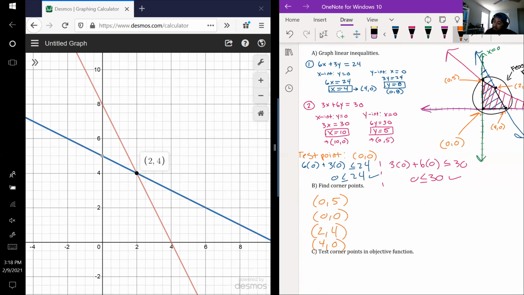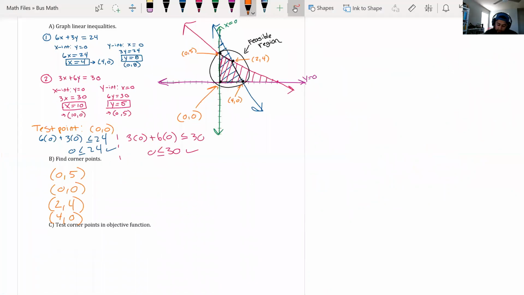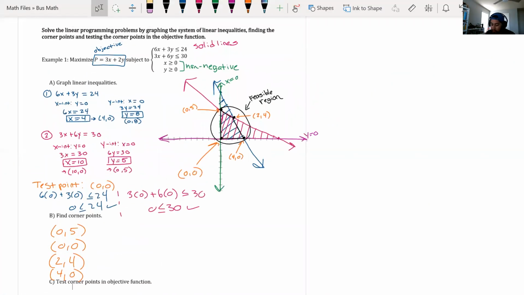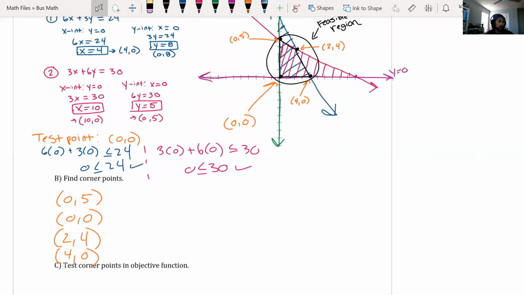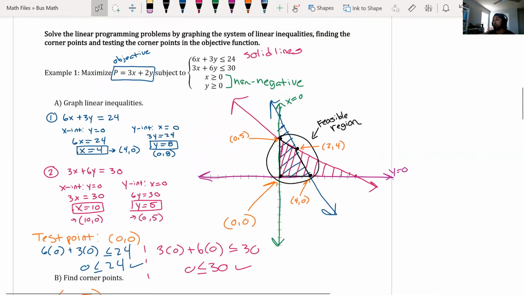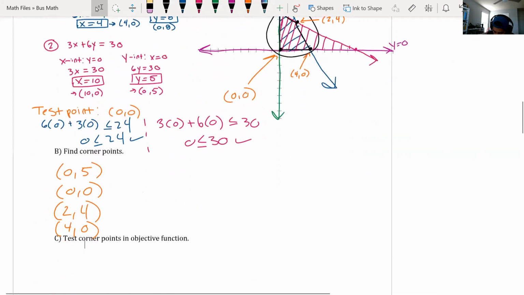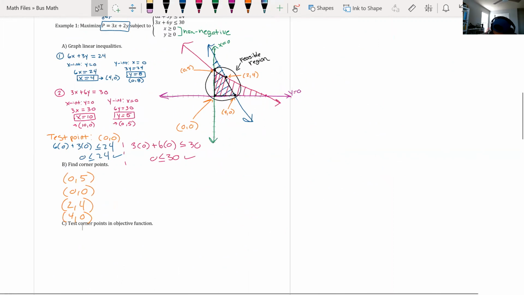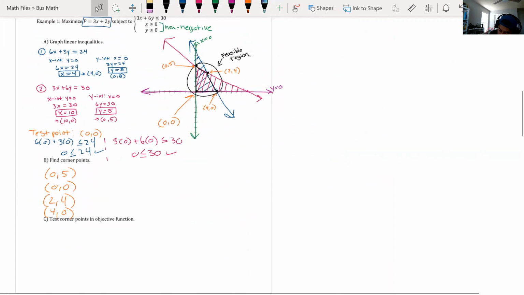Okay, and now back to the notes. We have our corner points of the feasible region, which means now we're going to want to test them into the objective function above. P equals 3x plus 2y. Yeah, sure. I got the room.